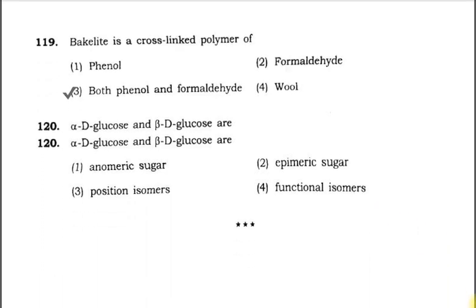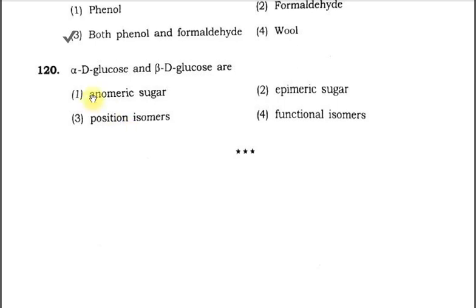Question number 120. Alpha D glucose and beta D glucose are: number 1 anomeric sugar, number 2 epimeric sugar, number 3 position isomers, number 4 functional isomers. The correct answer is number 1.